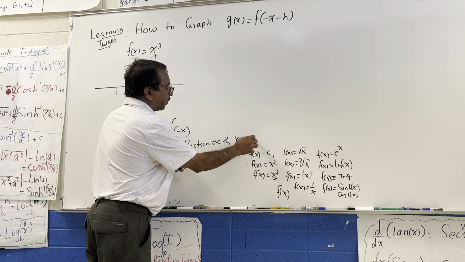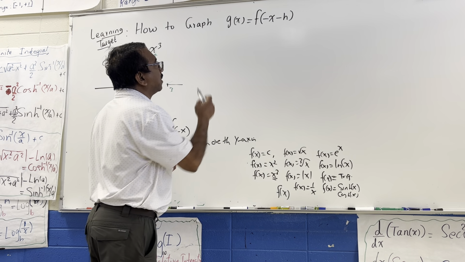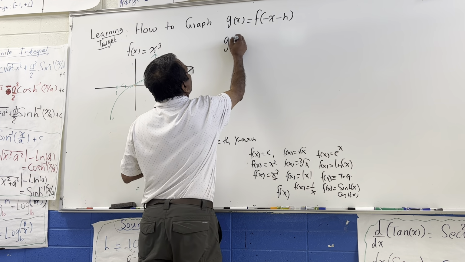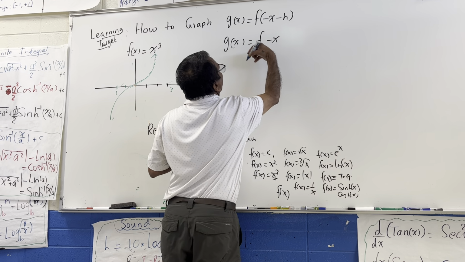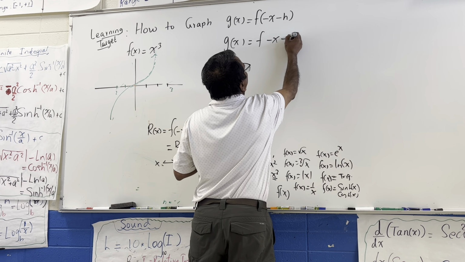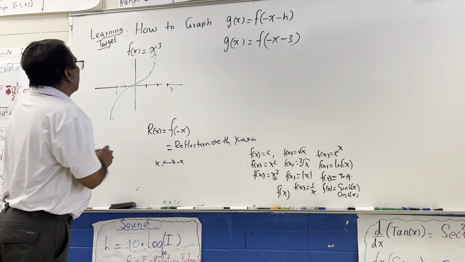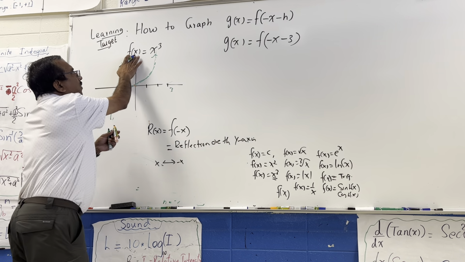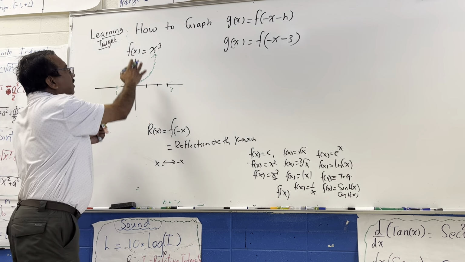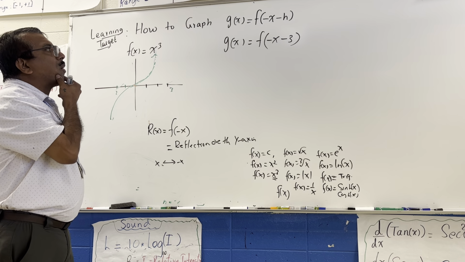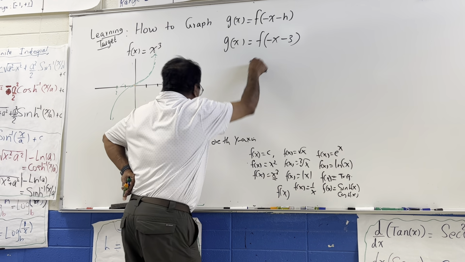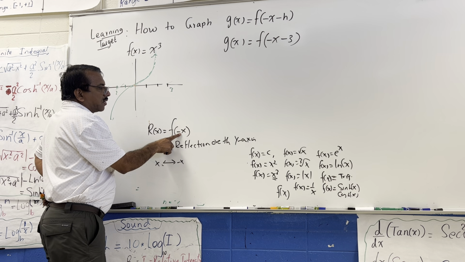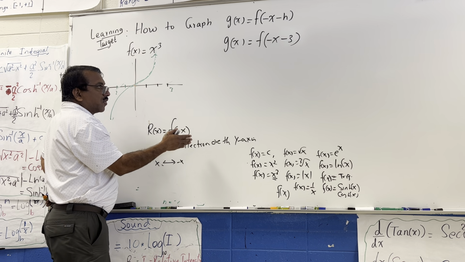Now the question is, what does this mean? To understand this, I'll take an example. Let's write down g(x) is f of minus x, and let's say it is minus 3. So how do we graph this? Students, this is the original graph of f(x), and we want to know what f of minus x minus 3 is. Because it is minus x, the first part is minus x, and that means you reflect over the y-axis.